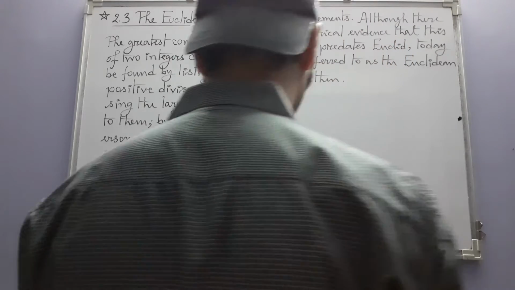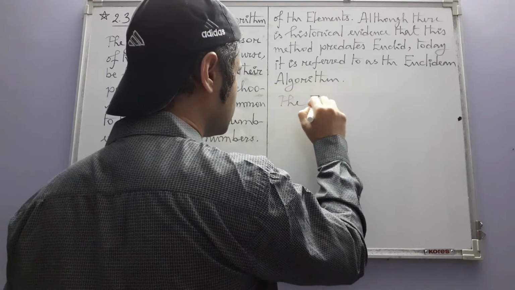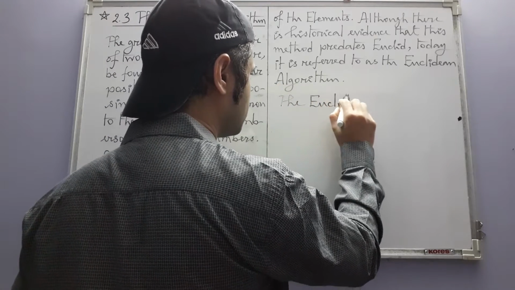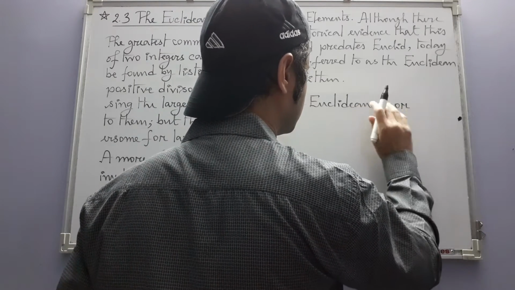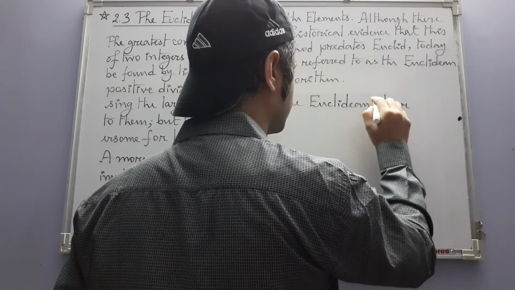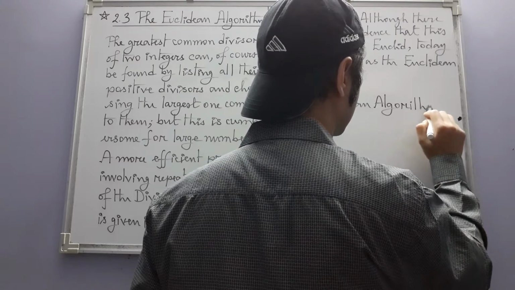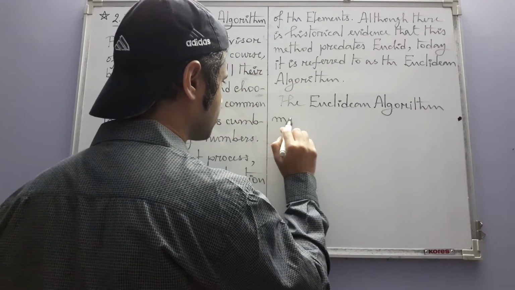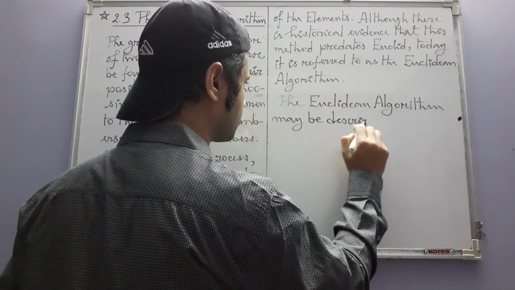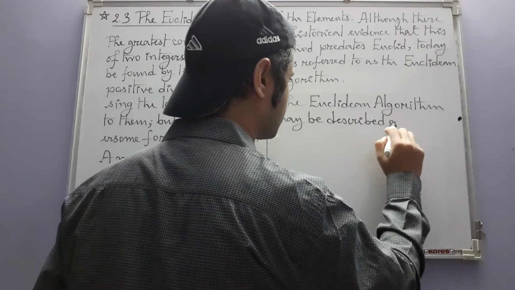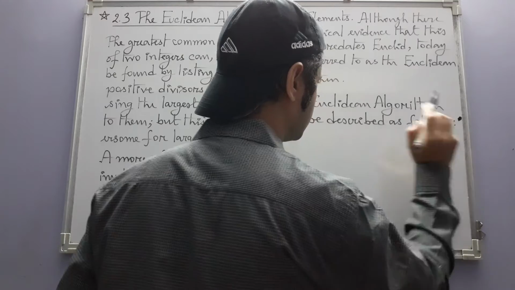It goes like this: the Euclidean Algorithm, it's a name now, so capital A, may be described as follows.